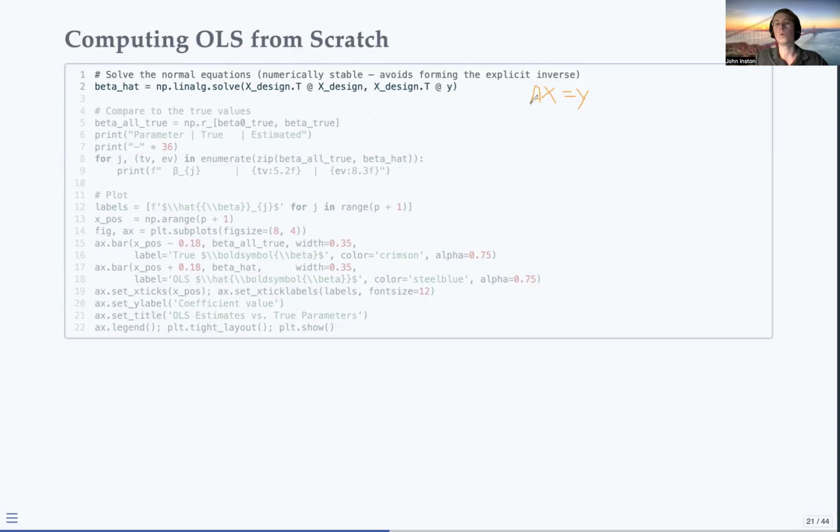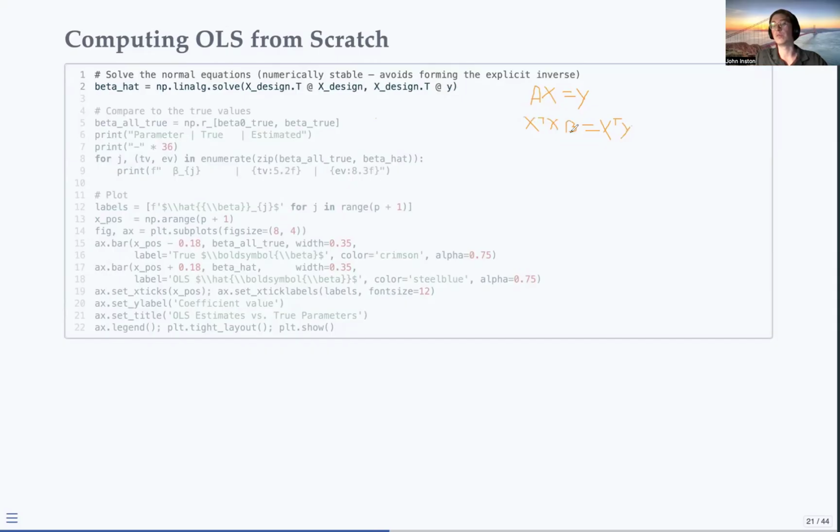And so by taking our inputs as the transpose of the design matrix multiplied by X, so this is XTX, and this is XTY, we're getting XTX beta equals XTY.